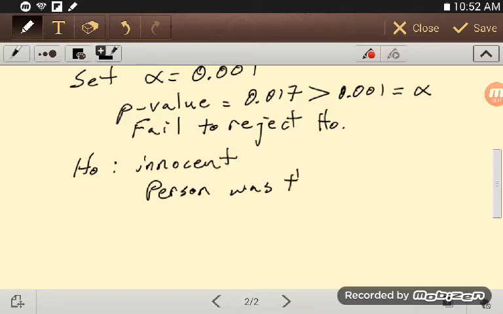Oh, that's some evidence, and that pushes us toward our alternative hypothesis, because if the person was there, they could have done whatever it was that happened. The person had a motive. Okay, so the person had a motive for whatever happened. But we have no other evidence.